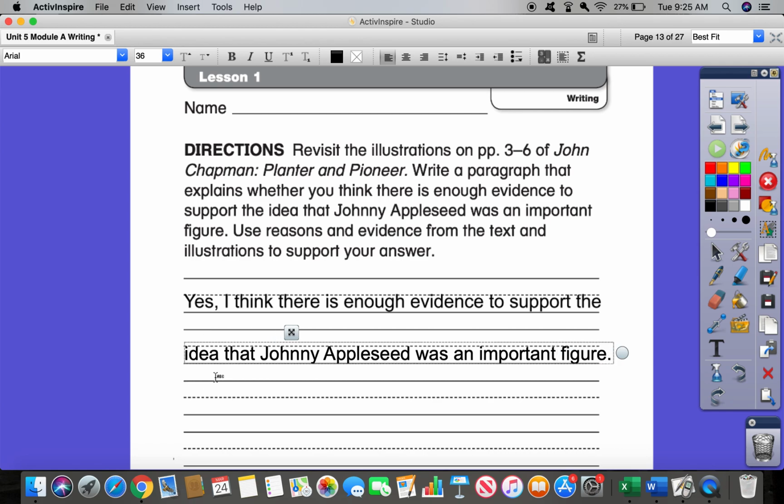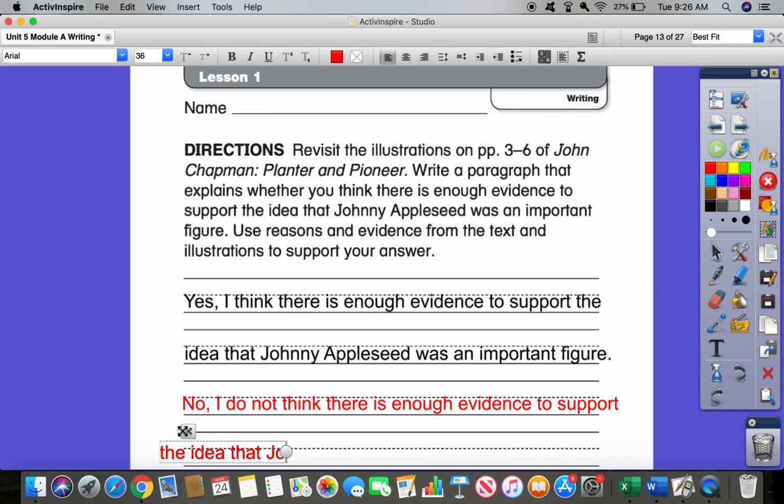Okay, if you disagree with that, you would say, "No, I do not think there's enough evidence to support the idea that Johnny Appleseed was an important figure."